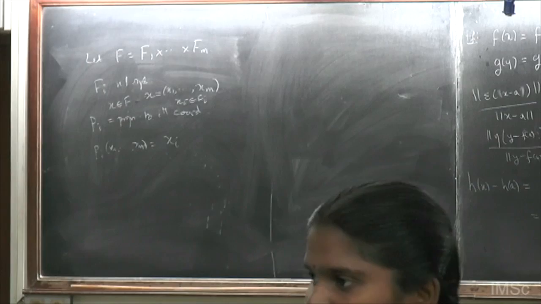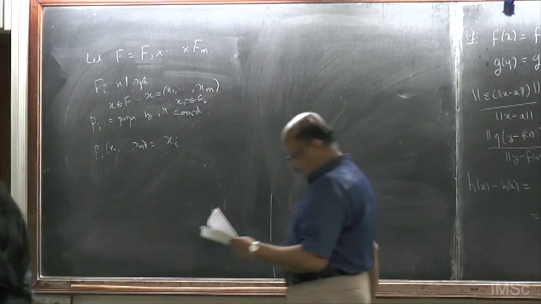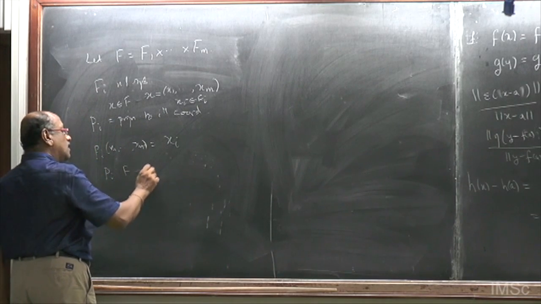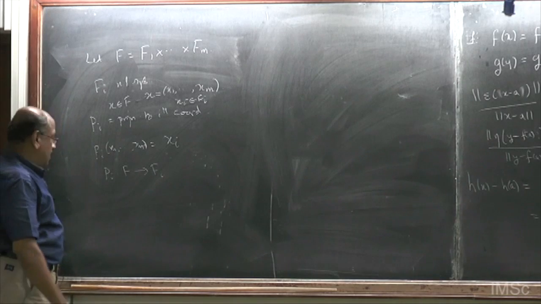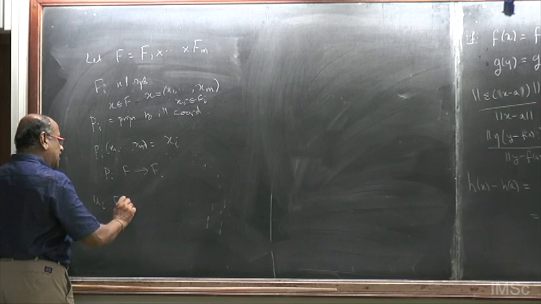So, pi is a projection to the ith coordinate. So, pi is a mapping from F to Fi.